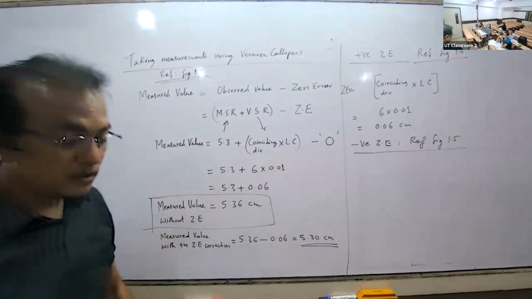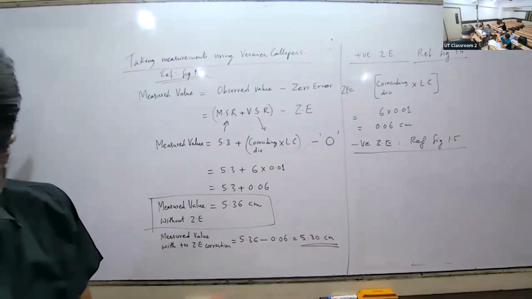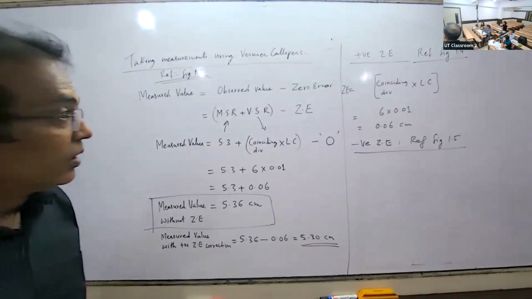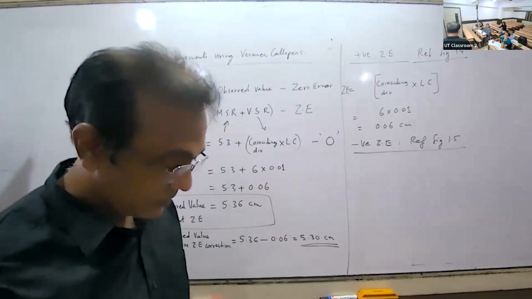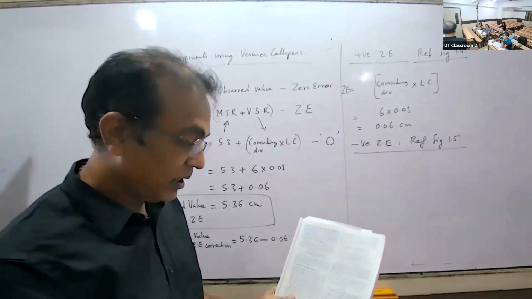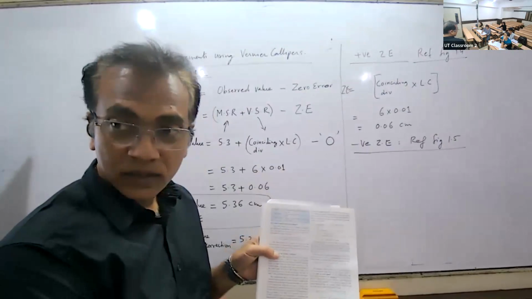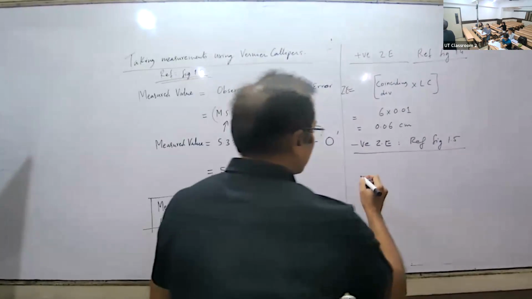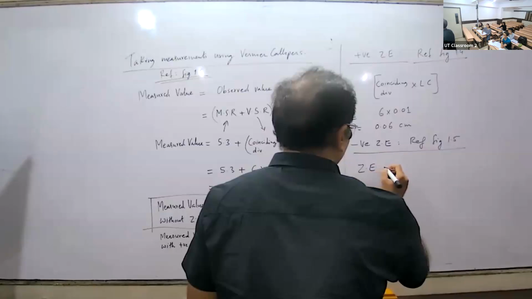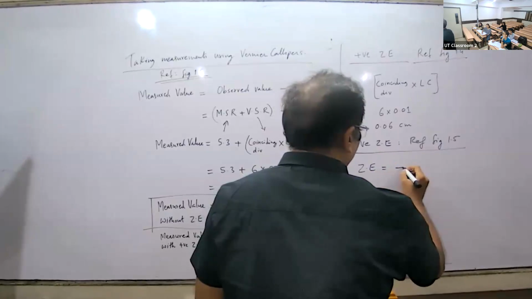Now let's calculate the negative zero error. Now this is a little tricky. Here again, the zero is on the left side. In this case, the zero error is found like this. First you write the minus sign.